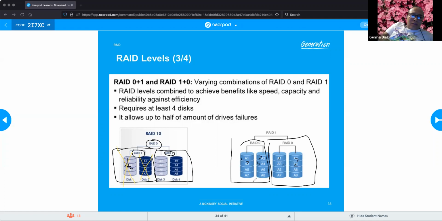So even if you lost, let's say, 2 and 4, you could still resync though, right? Yes, in a RAID 1+0, I could lose 2. So if I lost drive 2 and drive 4, I'm okay. As long as you don't lose both of the mirrored ones that are the same, you won't lose the data, right? Excellent. That's exactly correct.